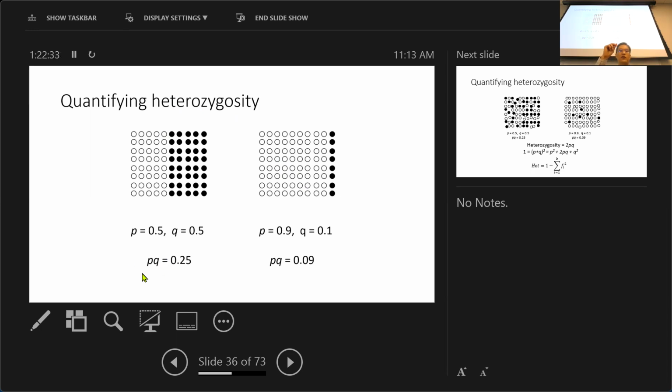If you have allele frequency 0.5, 0.5, then your heterozygosity level is 0.25, that's the highest you can reach for diallelic. If you have 90%, 10%, you have 0.09, so it's much lower. A 30%, 70% split is also lower. So this product can be used to measure the heterozygosity.